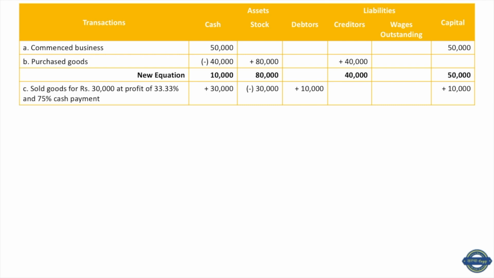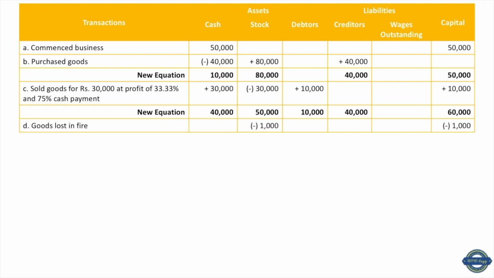Therefore, we will add 30,000 in the cash column, and the rest is yet to be paid. We are yet to receive this amount. Therefore, this becomes our debtors. We will receive this amount in future. So 10,000 will be added under the debtors column. Check the new accounting equation.